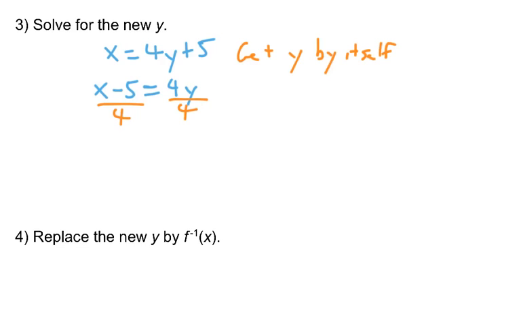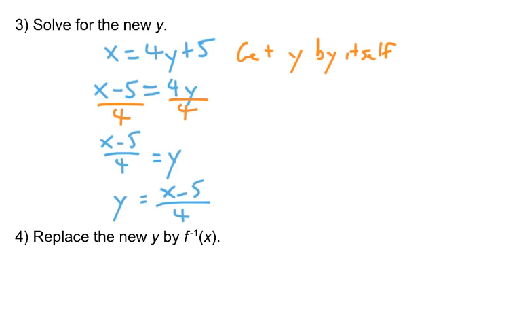So we have x minus 5 over 4 equals y, and it's perfectly fine to reverse the two sides of that equation so that the y is on the left where we more expect it to be. I just reversed the two sides.